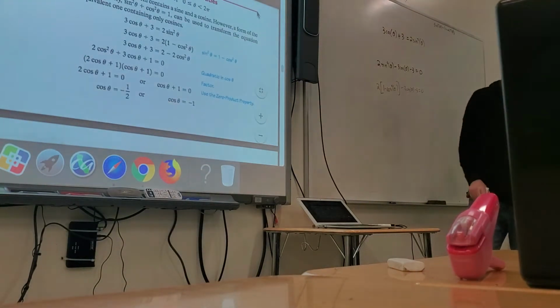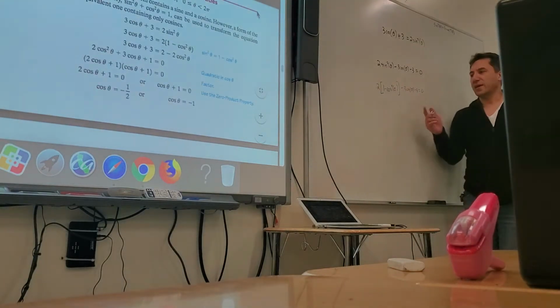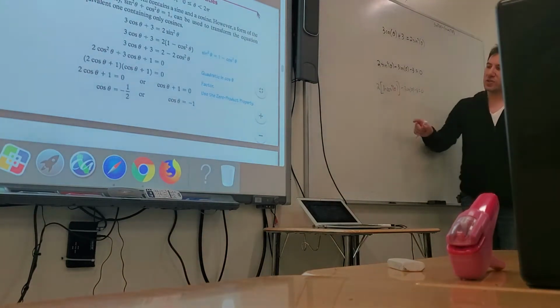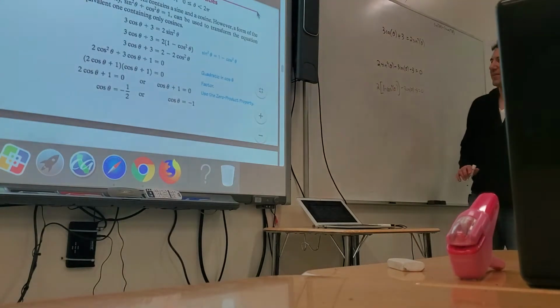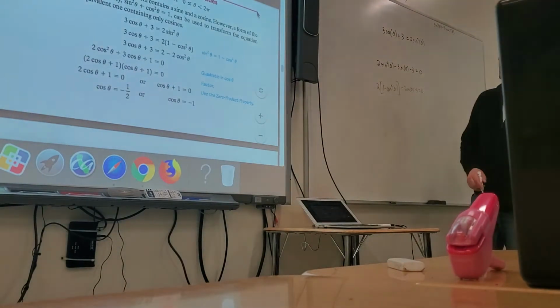Then we've got to distribute the 2. We've got to combine the 2 with the 3, so this 2 goes with this 3. Unfortunately cosine squared is negative, so we multiply everything by negative to make it positive again. We don't want the leading coefficient to be negative, it's just annoying.